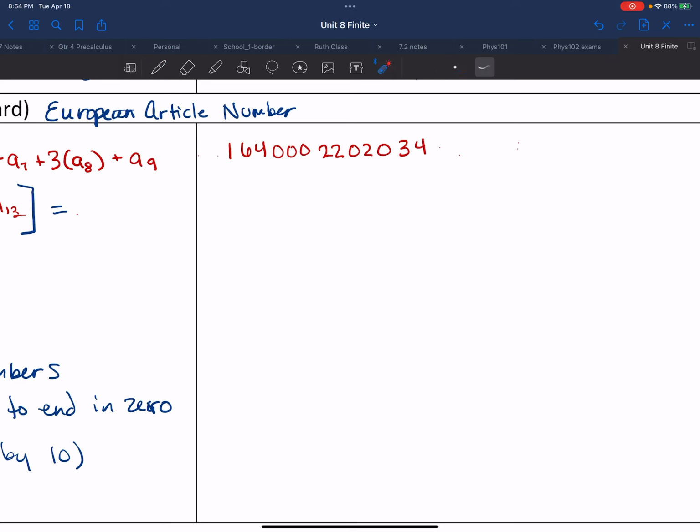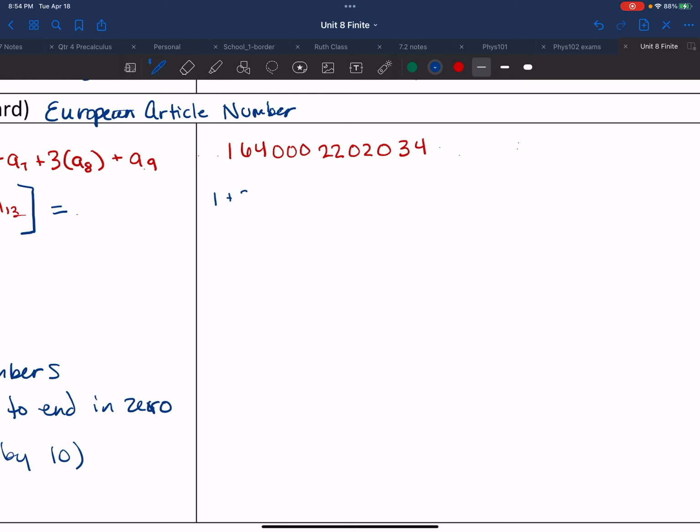Let's double check. 1, 2, 3, 4, 5, 6, 7, 8, 9, 11, 12, 13. Yep, so we got 13 digits. I think my machine is overheating here, so I apologize for the lines that are showing up.